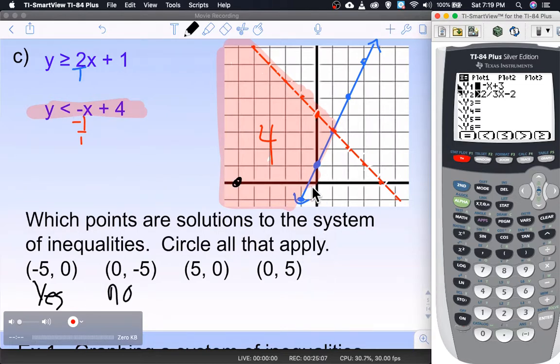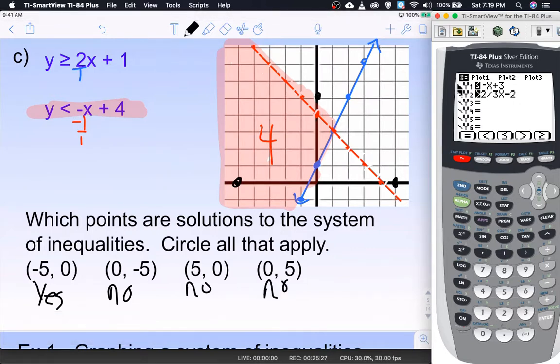No. 5, 0: 1, 2, 3, 4, 5 is here. No. 0, 5: 1, 2, 3, 4, 5. No. So that was the only one that's a solution.